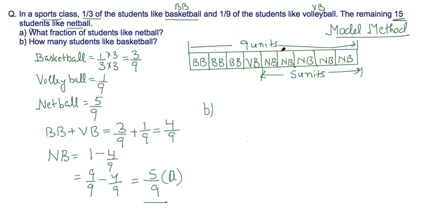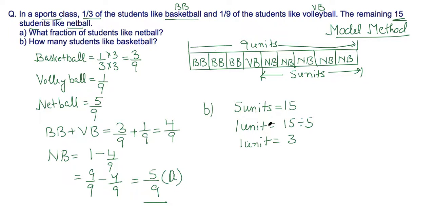From the model you can clearly see that 5 units of students like netball. So we can say that 5 units is equal to 15. So 1 unit will be 15 divided by 5, which gives you 3. That means 1 unit is equal to 3.